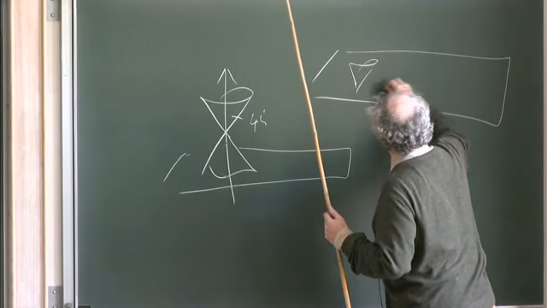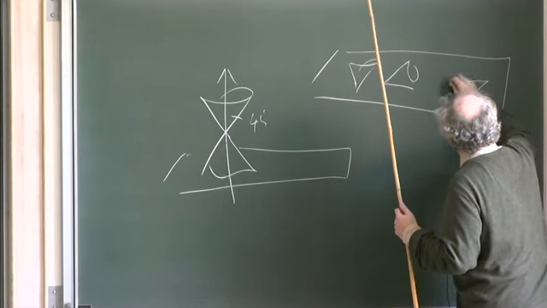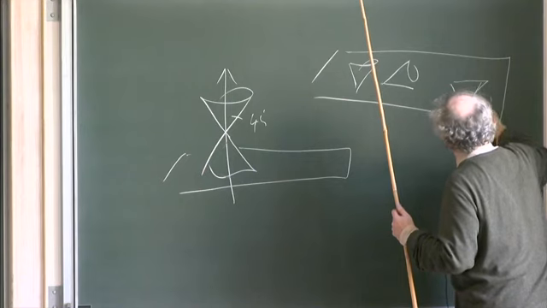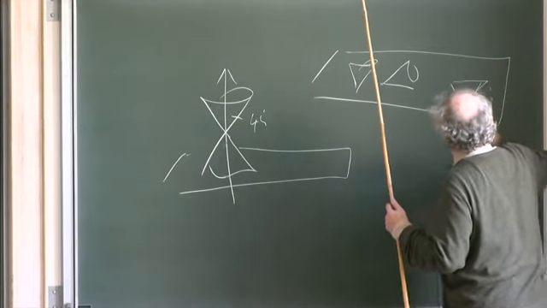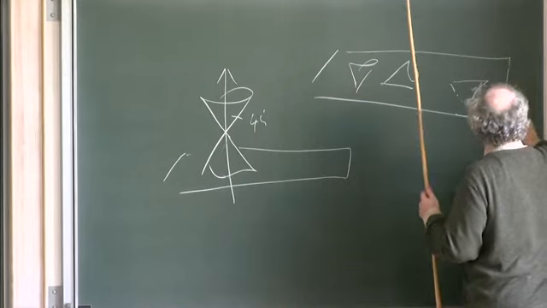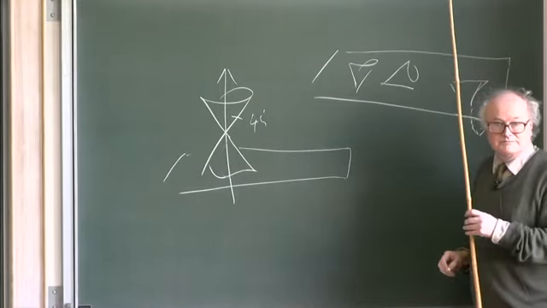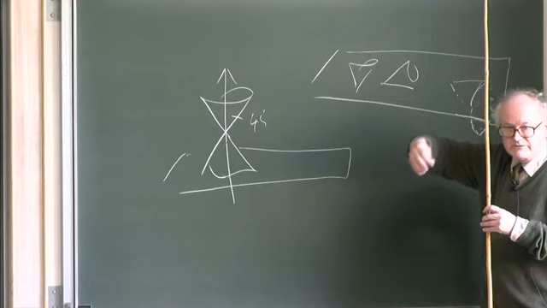So I can imagine something like this happening. The light cone's tumbling, and then maybe over here they could actually be tumbling in this direction. Okay? So I capture the idea of tumbling light cones.